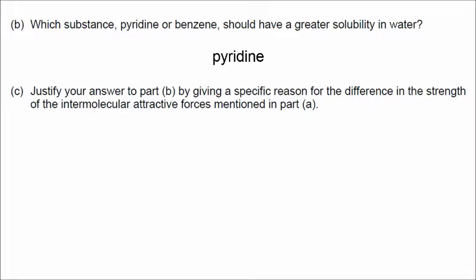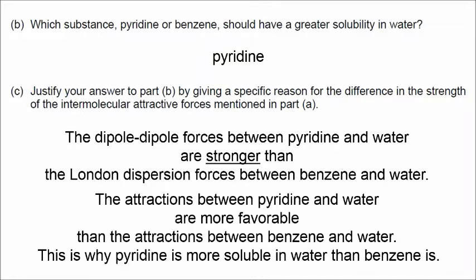And of course, you cannot say something in part C like "dissolves like." You've got to be specific and talk about the attractive forces and who has a greater strength. So the dipole-dipole forces between pyridine and water are stronger than the London dispersion forces between benzene and water. And since the attractions between pyridine and water are more favorable than the attractions between benzene and water, you would expect pyridine to be more soluble in water than benzene is.